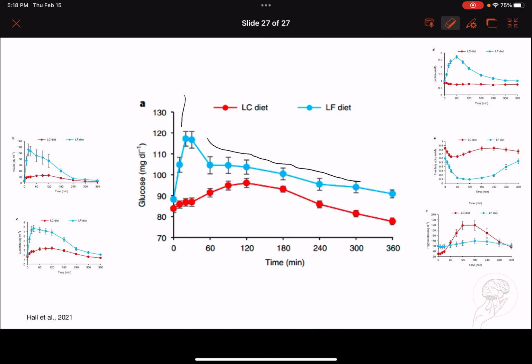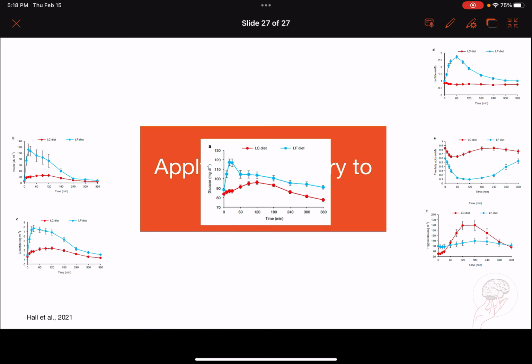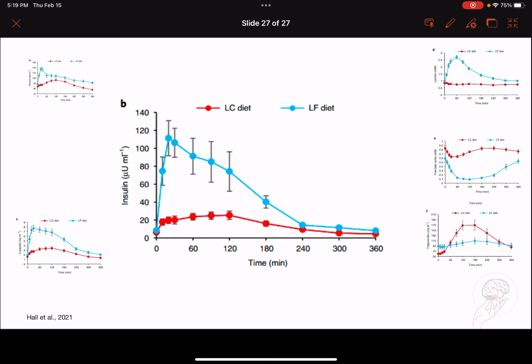All right, so next, let's look at insulin. In the low-fat diet, again, this is the same glucose tolerance test, so at 10 minutes, they drank a glucose drink.